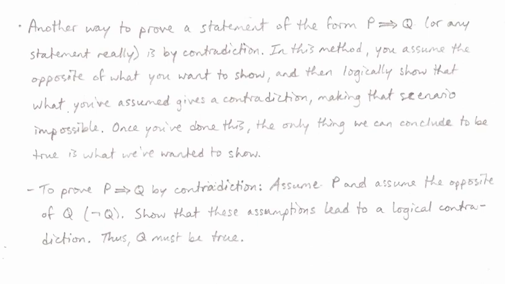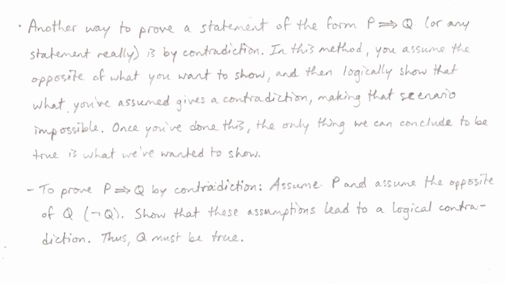So this is a little bit more of a mathematically symbolized way to say all this. Assume P and assume the opposite of Q, not Q. Show that these assumptions lead to a logical contradiction.